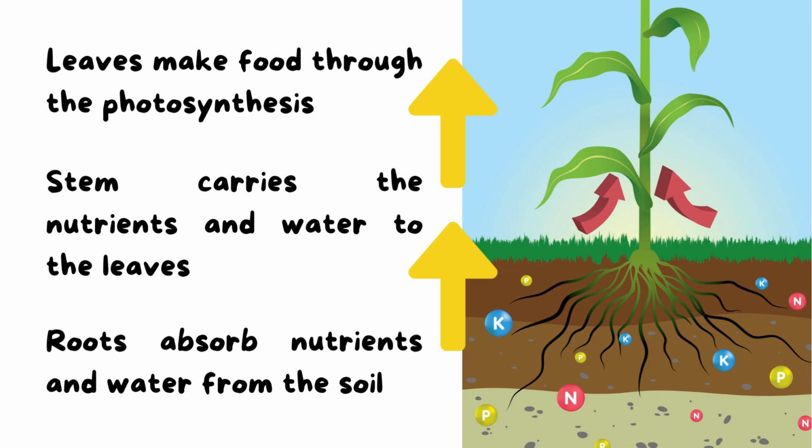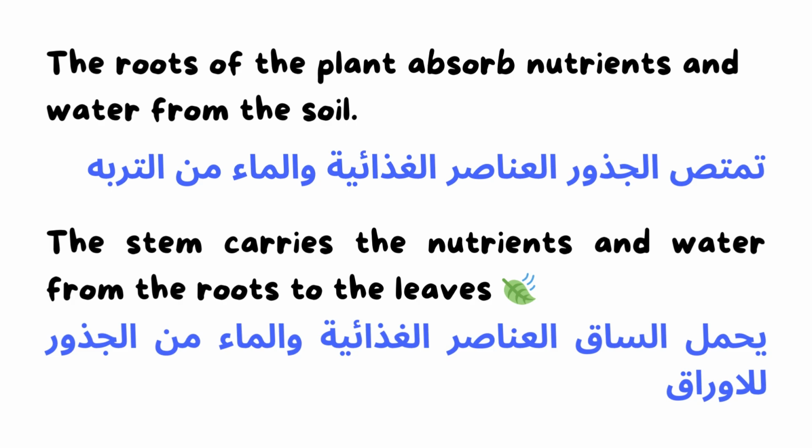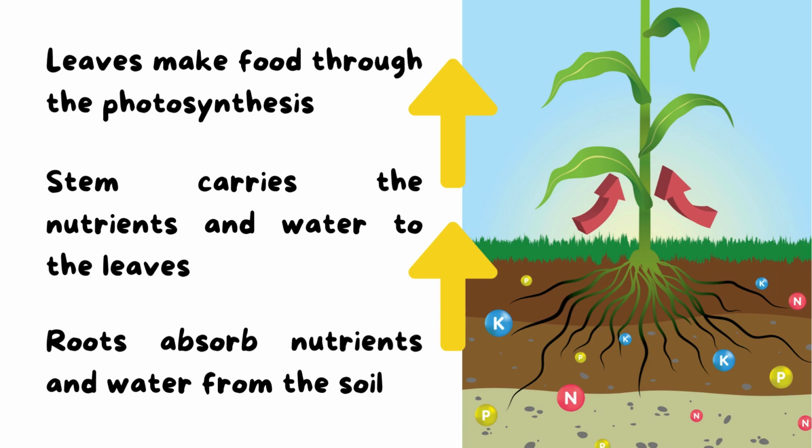As plant parts work together to make its own food, how? The roots of the plant absorb nutrients and water from the soil. And you know the stem, yes, this is the stem, carries the nutrients and water from the roots to the leaves.